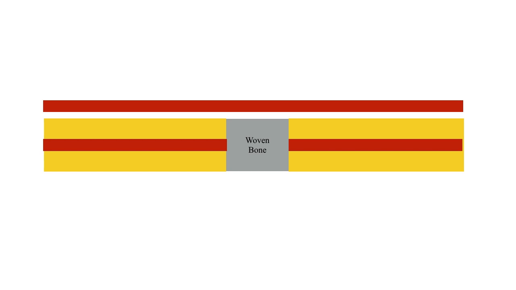But still, you should understand that this hard callus is not a mature bone, it is immature woven bone because it is not converted into a lamellar bone till now, and the medulla is not reformed.